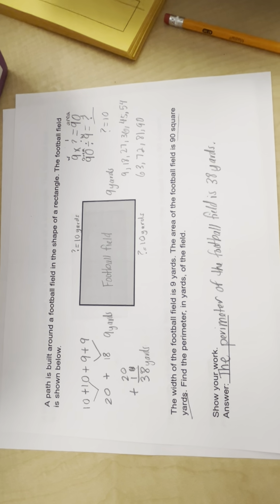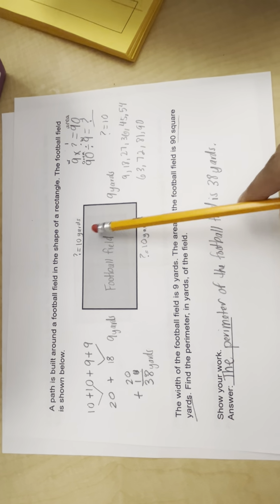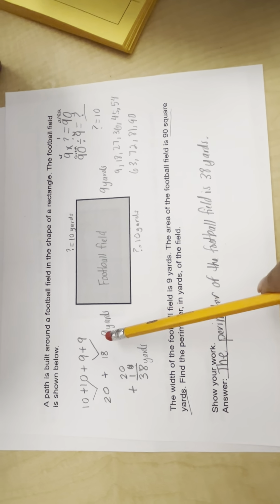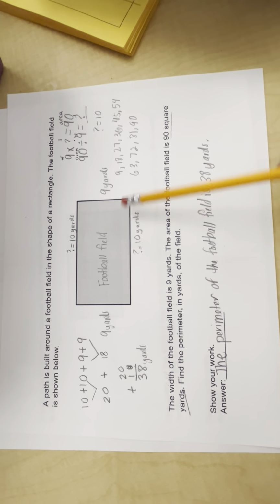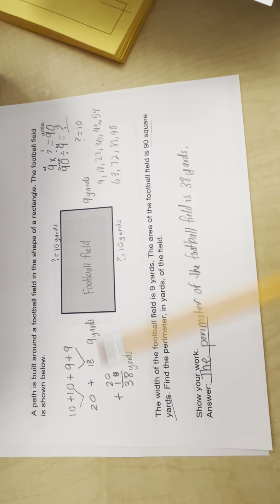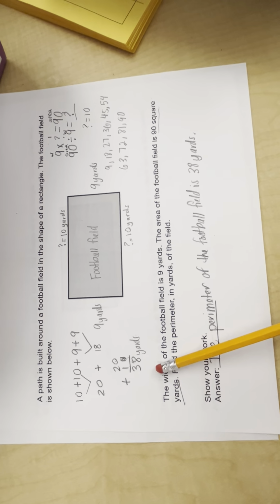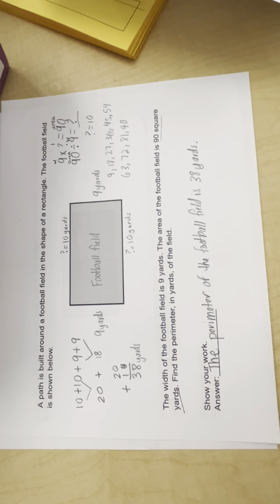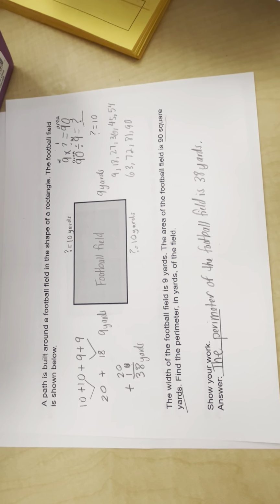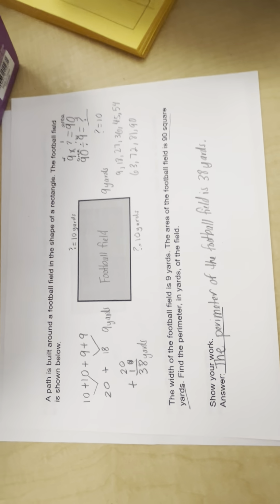Yep, that's accurate. And if that's the case, does it make sense that this 9 is close to 10, this 9 is close to 10? So I know my answer should be somewhere around 40. Is our answer close to 40 yards? Yes, it is. That's just one way that preppies can make sense of their work, to double check it.